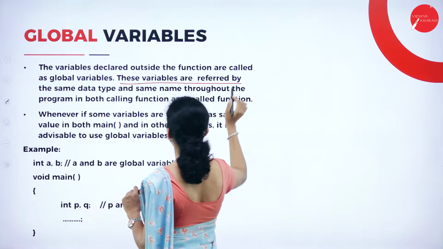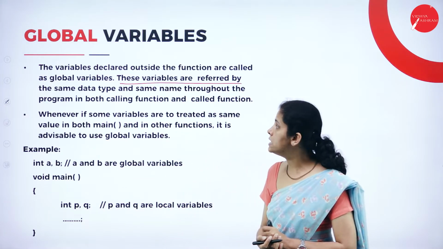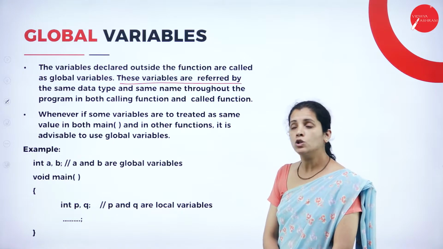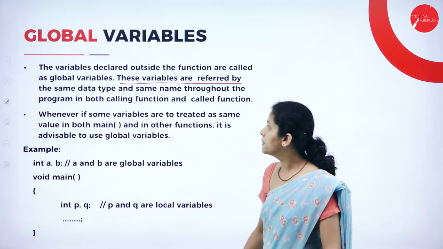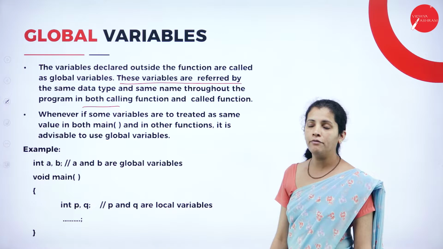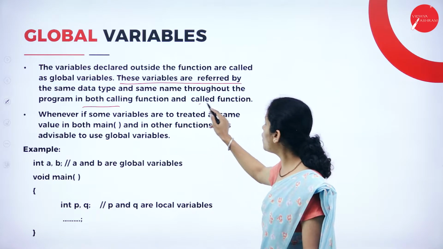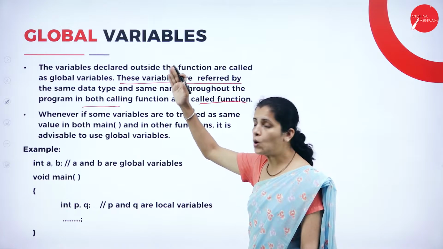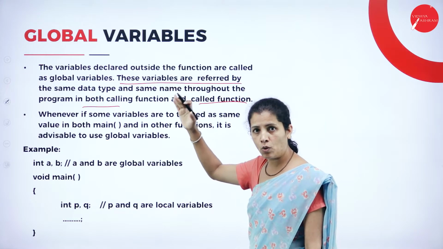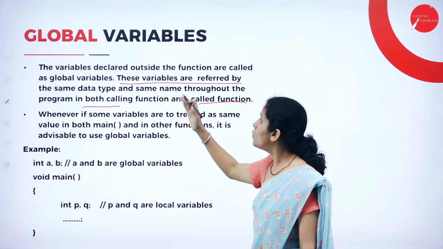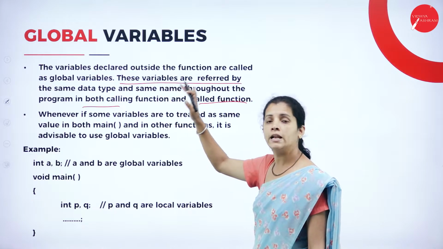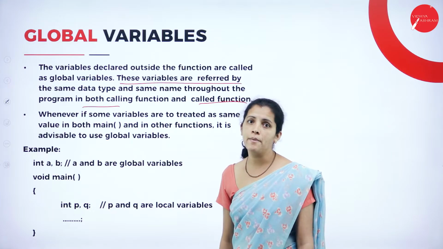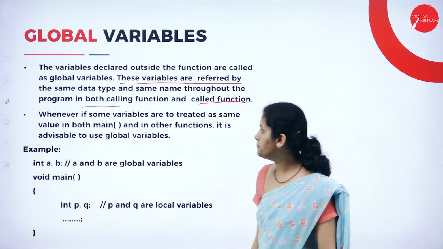These variables are referred to by the same data type and same name throughout the program, in both the calling function as well as the called function. For example, if I use global variables in my program, then in my calling function and in my called function, I can use the same variable name.